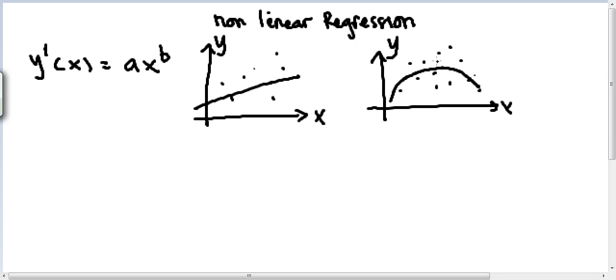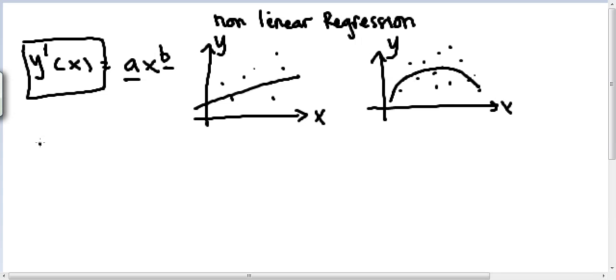And then, the same way as in linear regression that we have already discussed before, the purpose of this method is finding the best A and the best B, so that this function will have the smallest error compared to the data.